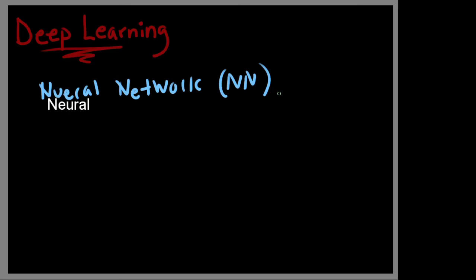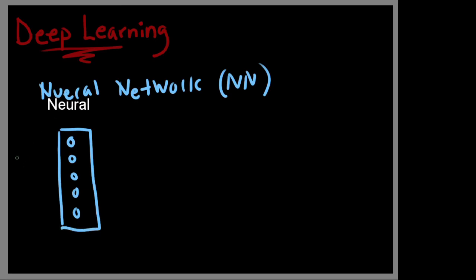So what does this look like? There are plenty of videos online about neural networks, even on YouTube, that explain it much better than I could in this video about DLSS. But all neural nets look something like this. You have one layer of neurons. These individual circles are neurons, and these are your inputs. In this case, the neurons are actually just pixels of an image. So the image or frame that we're looking at for DLSS gets decomposed.